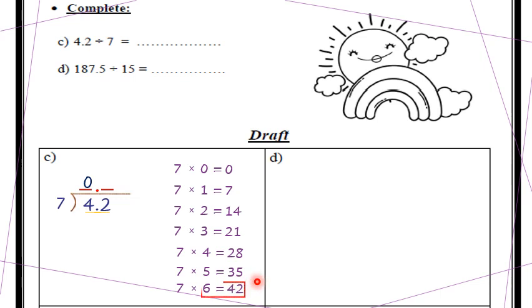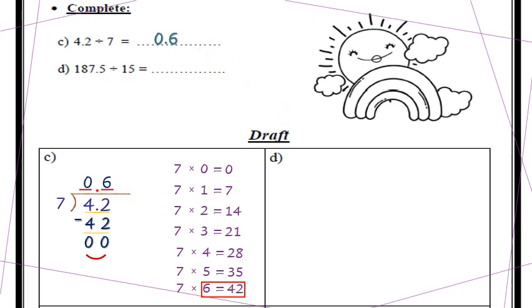So I will select this number. Then I'm going to write here 6 up. 6 multiplied by 7 equals 42. Let's make subtraction. So 42 minus 42 equals 0, 0 and happy face. So the quotient will be 0.6.